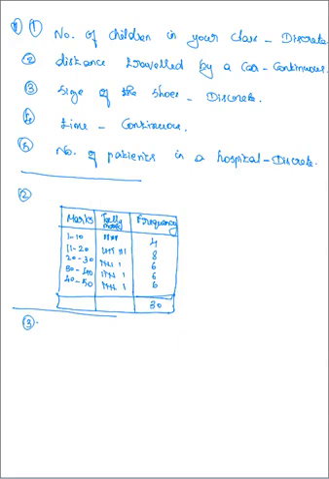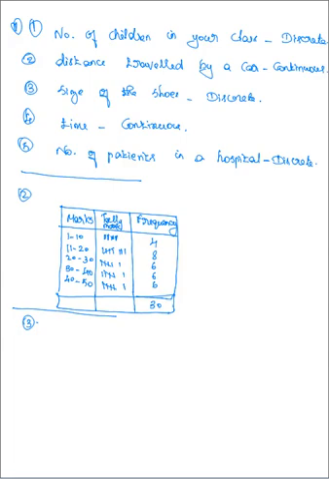The marks of 24 candidates in mathematics are given below. The maximum marks are 50. Make a frequency distribution taking class intervals 0 to 10.